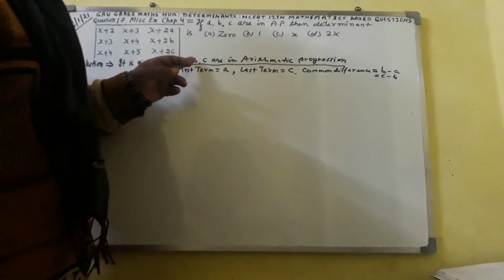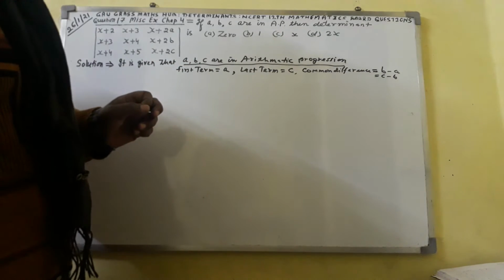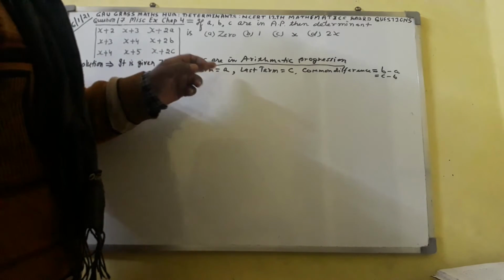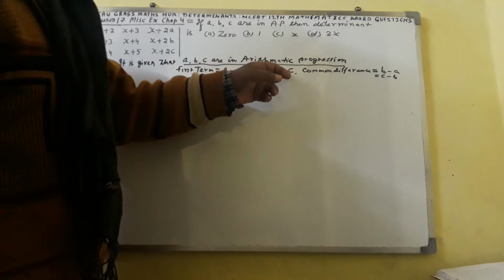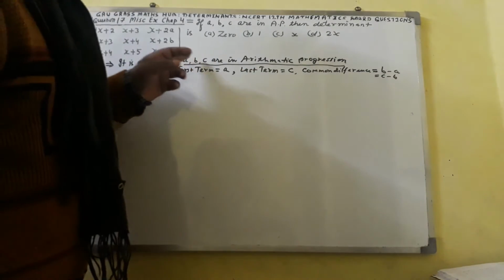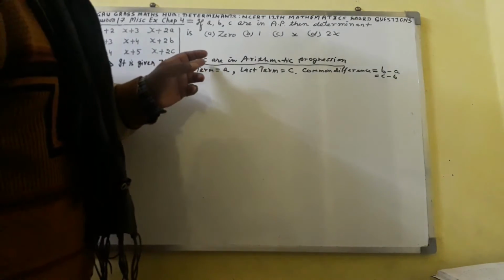Since a, b, c are in arithmetic progression, the first term will be a, the last term will be c, and the common difference b minus a equals c minus b.